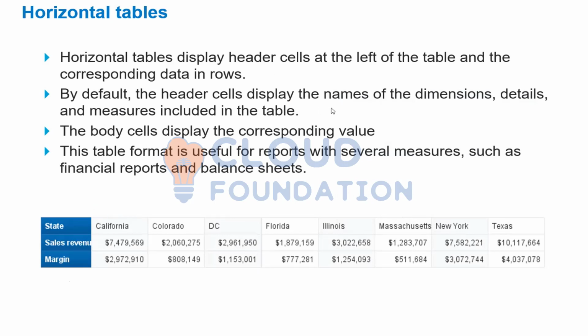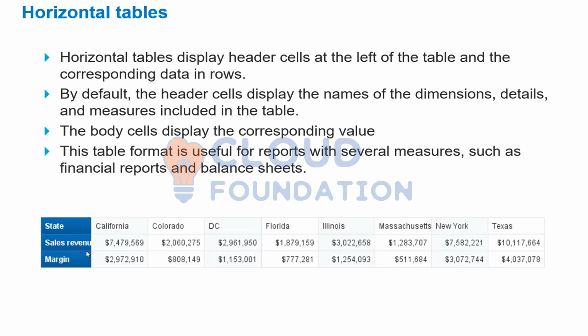By default, the header cells display the names of the dimensions, details, and measures included in the table. The body cells display the corresponding values. This table format is useful for reports with several measures such as financial reports and balance sheets. This is useful when we have a list of key figures.